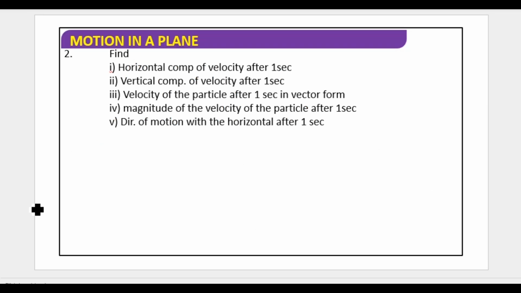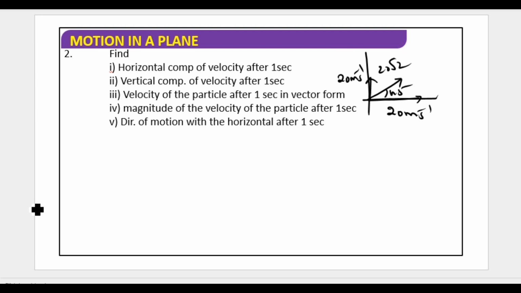Find the horizontal component of velocity after 1 second and the vertical component of velocity after 1 second. We already know very well, this is 20 root 2 and 45. After resolution, the answers are 20 meter per second and 20 meter per second.